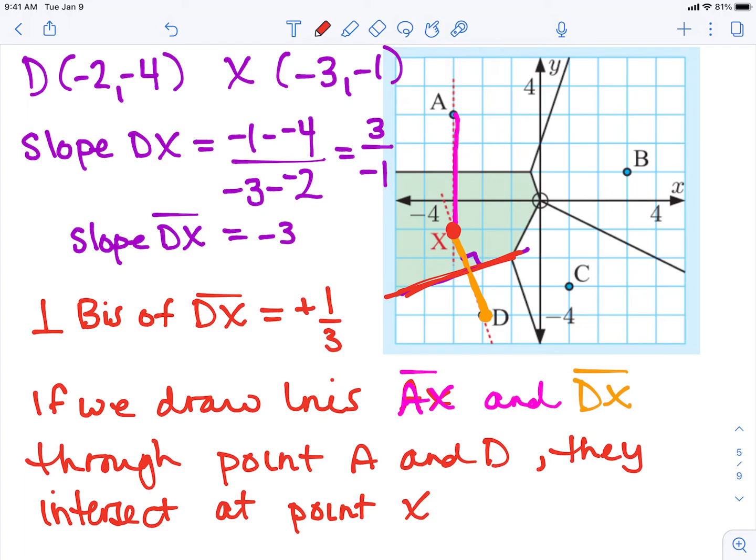Those two lines intersect. That coordinate of X is left 3, down 1.